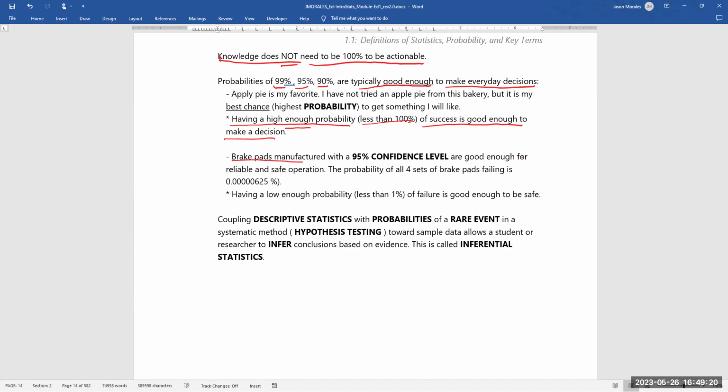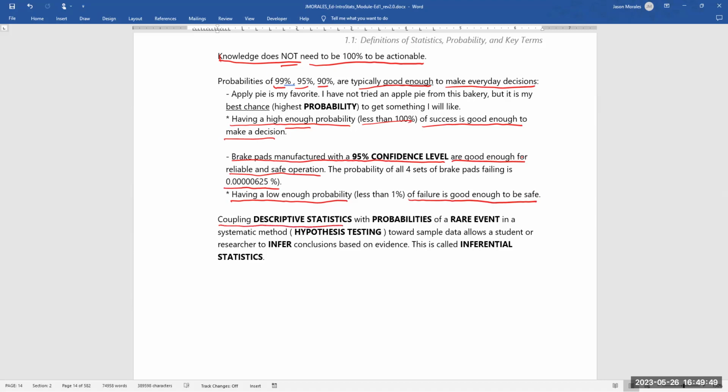Or brake pads manufactured with a 95% confidence level are good enough for reliable and safe operation. The probability of all 4 sets of brake pads failing is 0.000000625%. So having a low enough probability of failure is good enough to be safe.